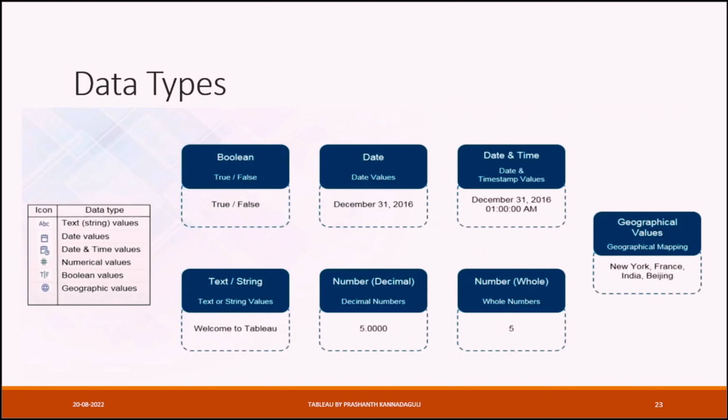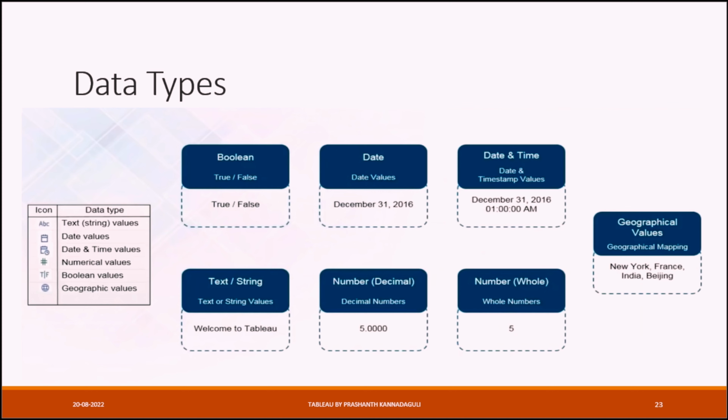Now, what are the various data types supported? Just see here. Again, you see these icons are important for us. That's why I'm not just discussing the data types, I'm also specifying what we will be seeing on the screen if a data type is being mentioned. So if you see this icon anywhere, not just at this location, anywhere, this means you are dealing with text or string.